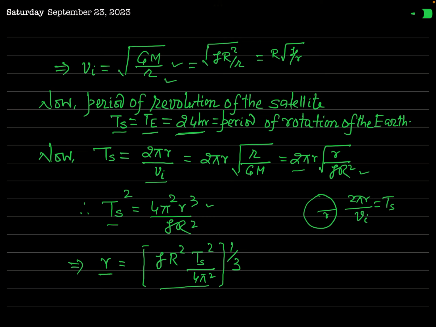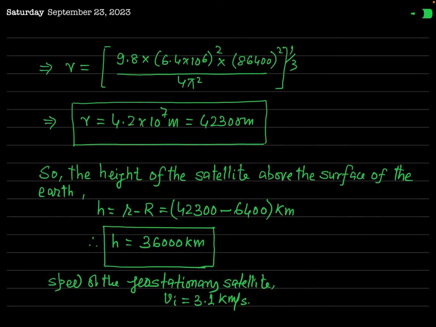Now you can see all the quantities on the RHS have standard values, all are known. So when you substitute the values of all quantities in the RHS of this expression, you can easily find the value of the radius small r of the orbit of this satellite. So this r is equal to what? g, you know, is 9.8, and the radius of the earth, capital R, is 6.4 times 10 to the power 6 meter.